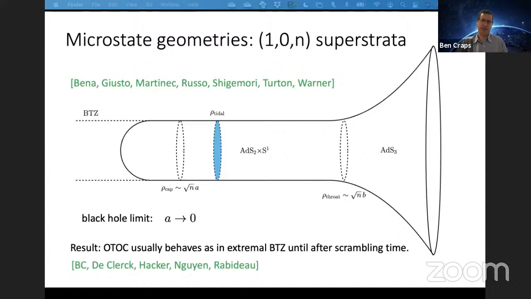So as long as this growth pattern persists, we didn't see a difference between the microstates and the extremal BTZ, except for extreme choices of parameters.